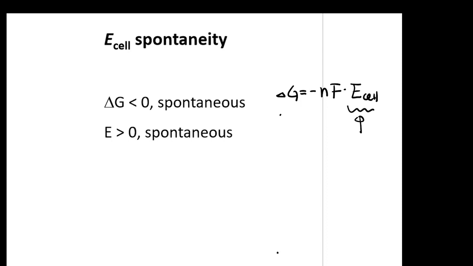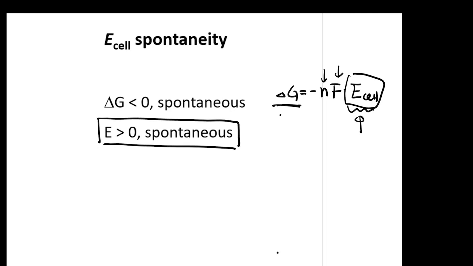F is a constant, and the number of electrons is always a positive number. Therefore, only when your Ecell is positive do you get a negative delta G, and the reaction becomes spontaneous. In other words, if you see a chemical cell where its Ecell is positive, then you know it has to be a spontaneous reaction, and therefore it has to be a galvanic cell.